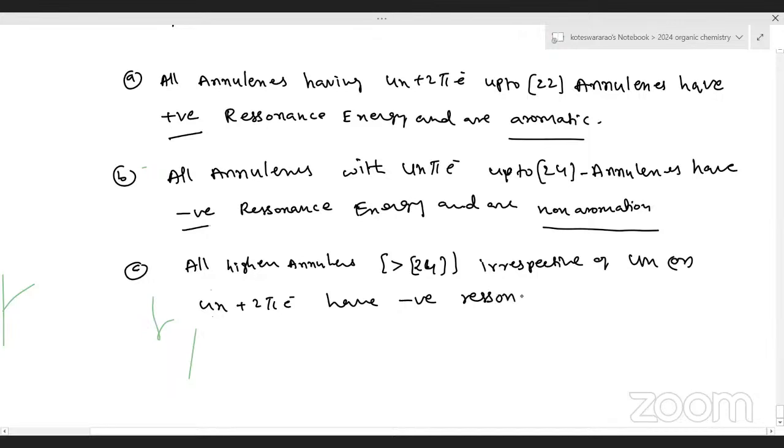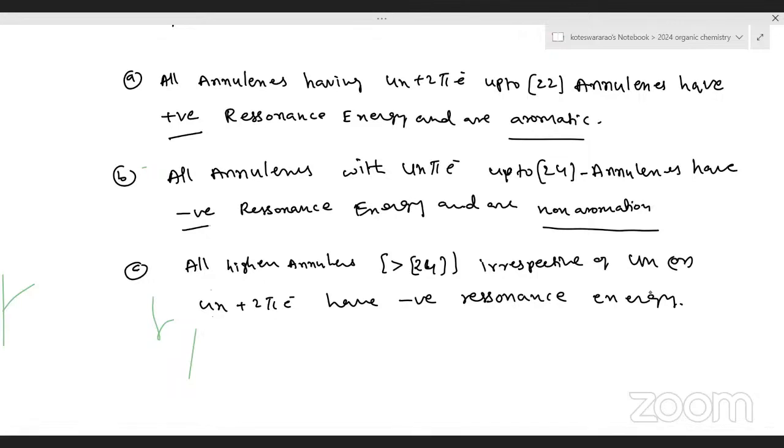Why is it having such resonance energy? You recollect the definition of Hückel. What is the Hückel definition? A monocyclic conjugated polyene with 4n plus 2 pi electrons is aromatic.